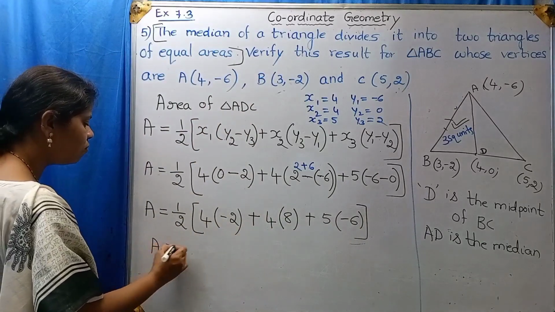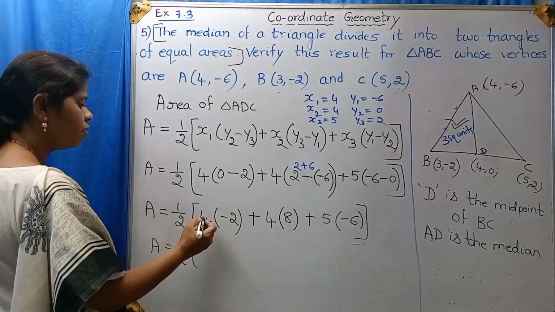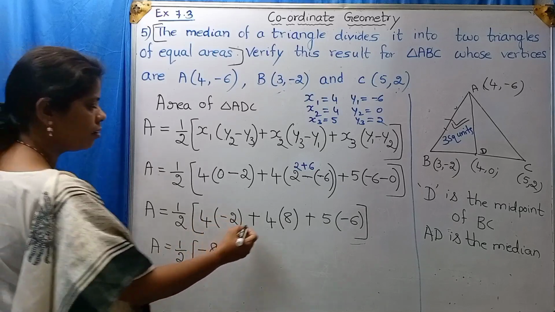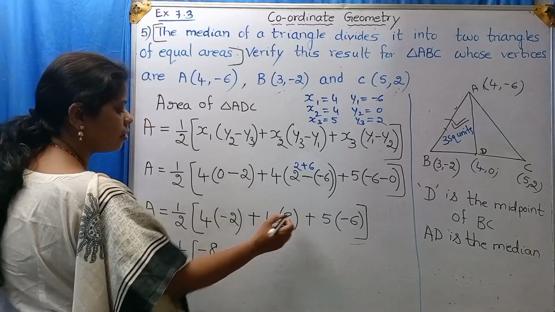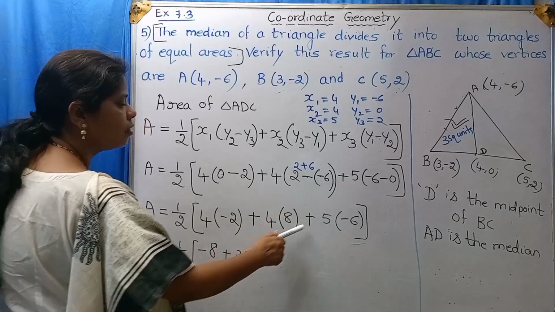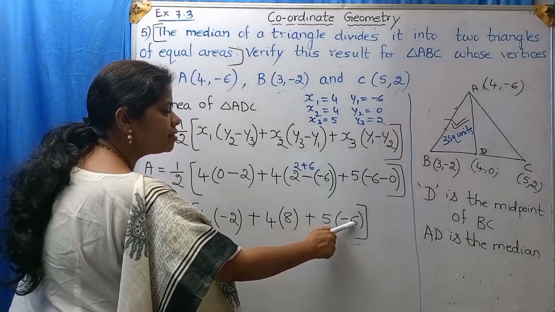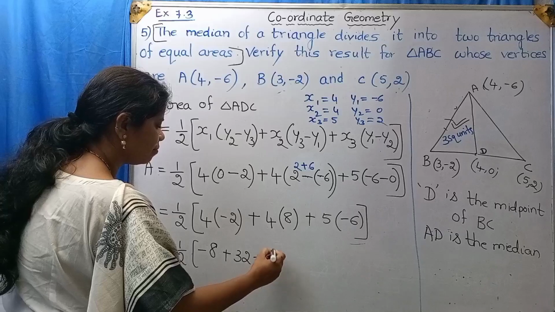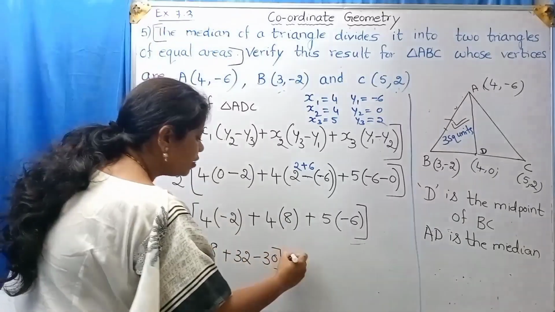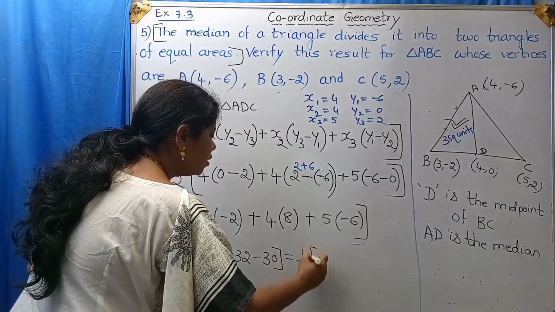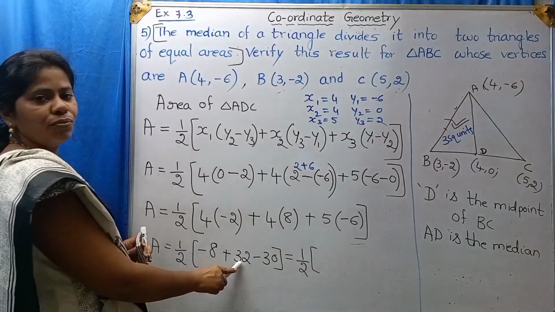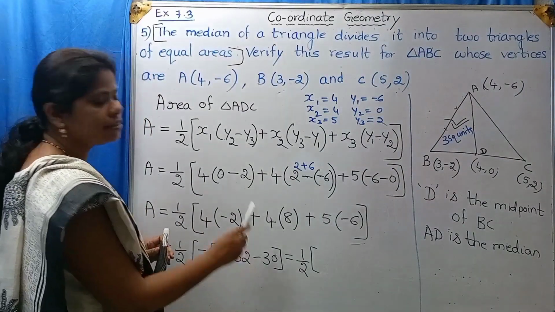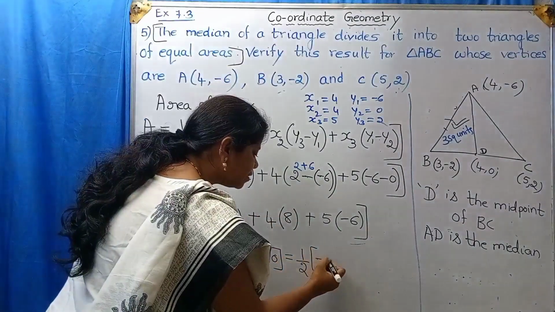A is equal to half. 4 2s are 8, but here it is minus. Therefore, it is minus 8 plus 4 8s are 32. Then 5 6s are 30, but here plus into minus is what? Minus 30. Right? Is equal to half into minus 8 plus 32 is what? Plus 24. Plus 24 minus 30 is what? Minus 6.